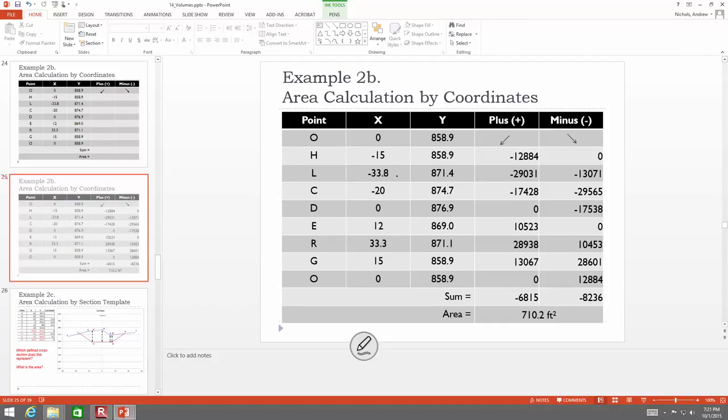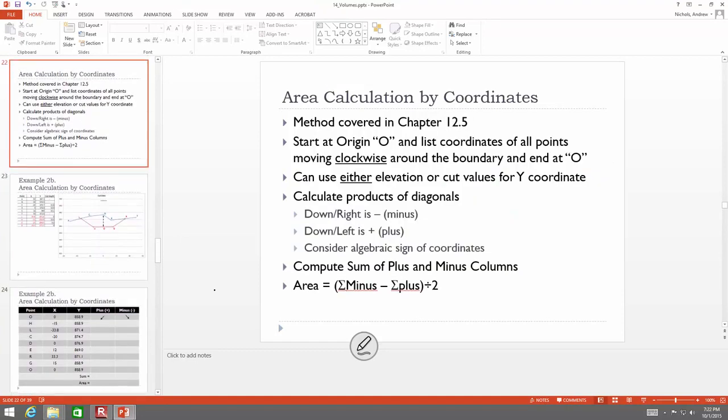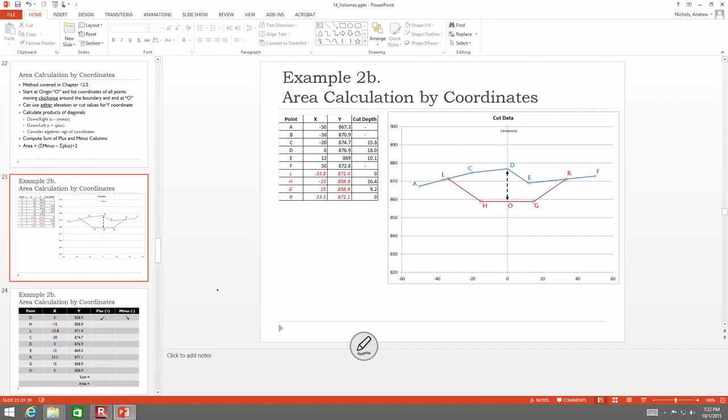Then 858.9 times negative 33.8 would give you that. So you multiply these all the way down through and sum each side. So in our example, after you sum those, you take the sum of the minuses minus the sum of the pluses, divided by 2.